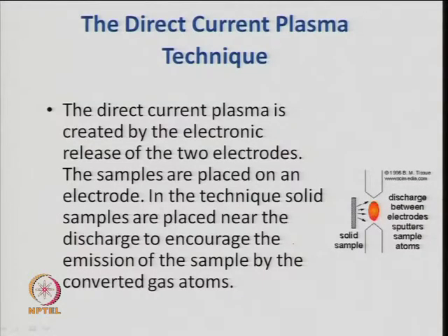In this technique, the solid samples are placed near the discharge to encourage the emission of the sample as converted gas atoms. A very versatile technique. You have the electrode here and a solid sample here. The discharge between the electrodes sputters sample atoms, which pass through the detector, and you measure the absorbance, which is related to the concentration of that metal.